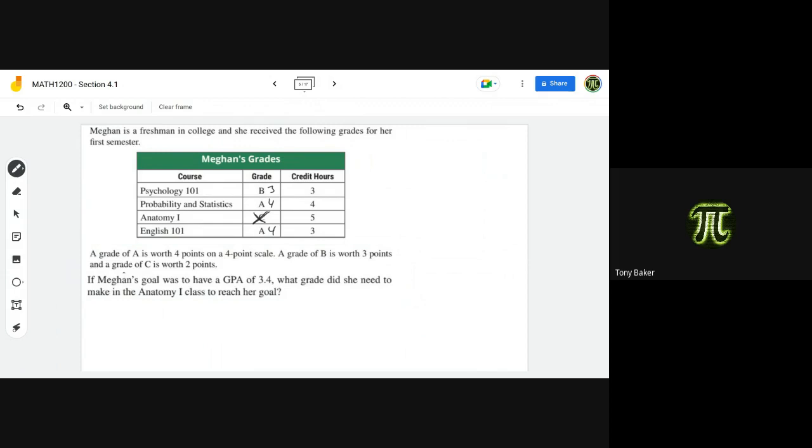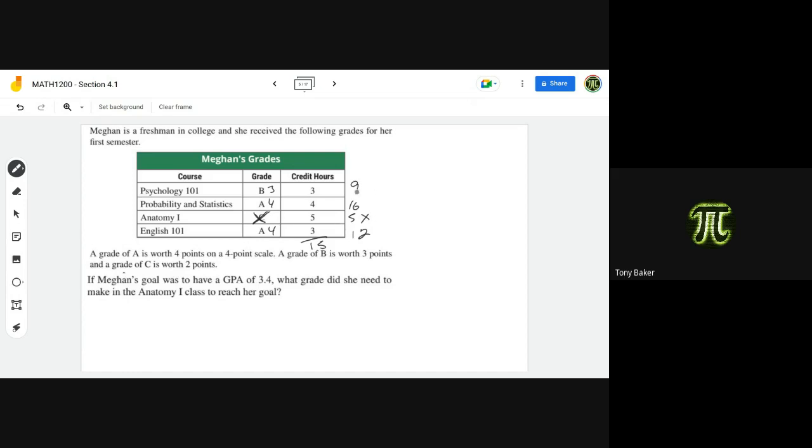We're going to do the exact same thing we just did a minute ago with the calculations, except this time we have to do a little bit of algebra. Same concept. Let's multiply. So I've got 9, 16, 5x, and 12. And I got 15 credit hours.